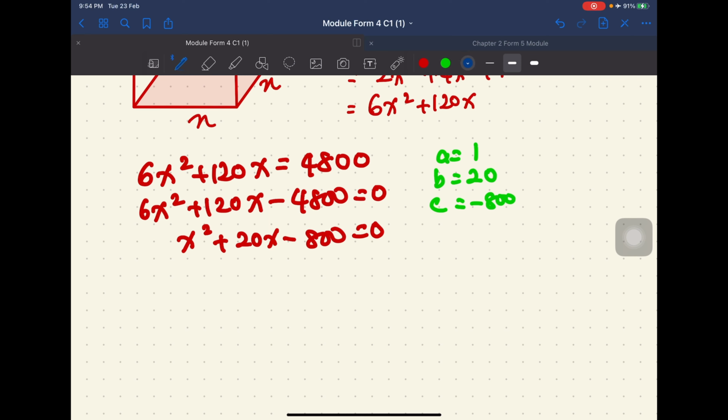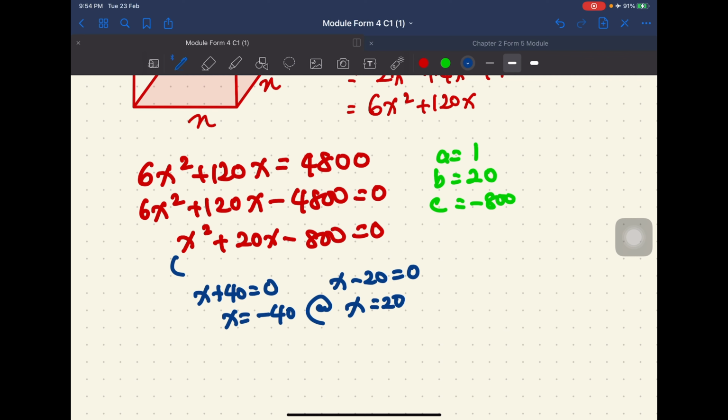So, tekan calculator, kita akan dapat, kita tulis bawah sikit, x is equals to negative 40 or x is equals to 20. Okay, so backward solution, so x plus 40 equals to 0, x minus 20 is equals to 0, letak dalam bracket, equals to 0. So, x plus 40, x minus 20.